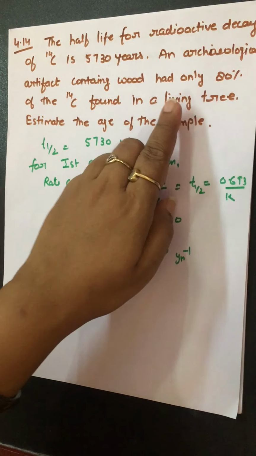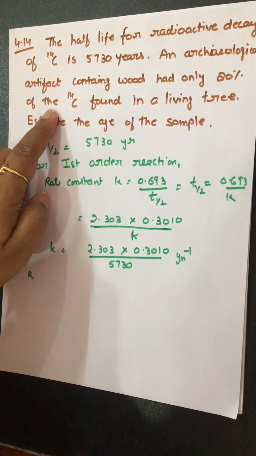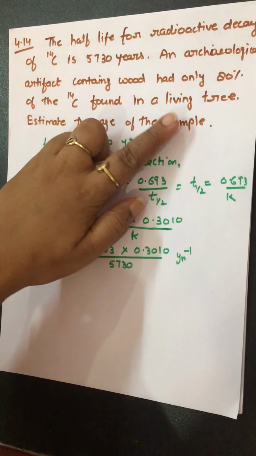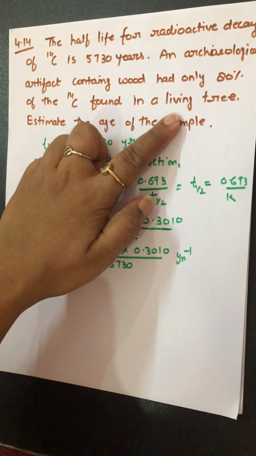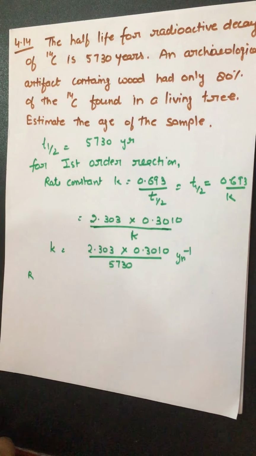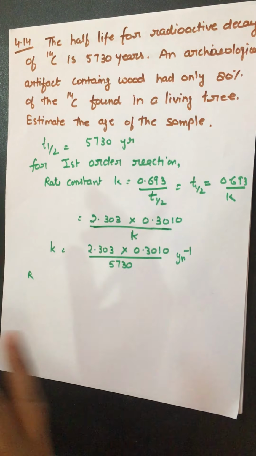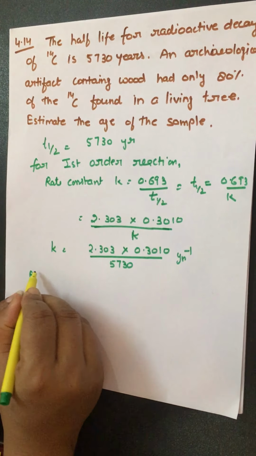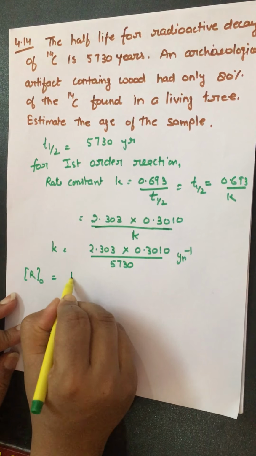What it said that had only 80% of the carbon-14 found in the living tree. Means what? 20% of the reactant, or you can say 20% of the carbon-14 get decomposed. What remain? Only 80%. And I know in the first order kinetics are not show initial concentration.